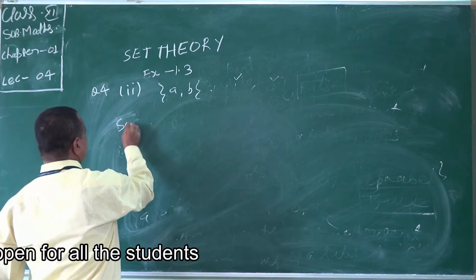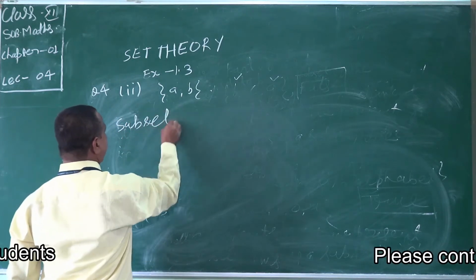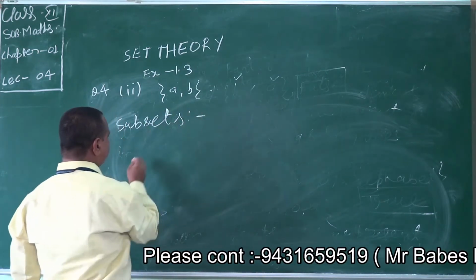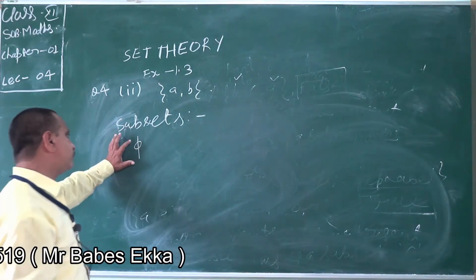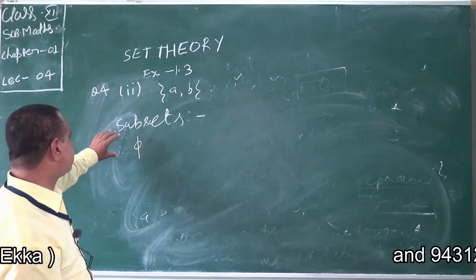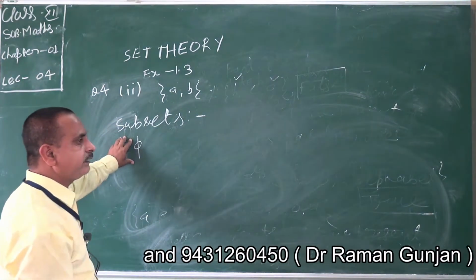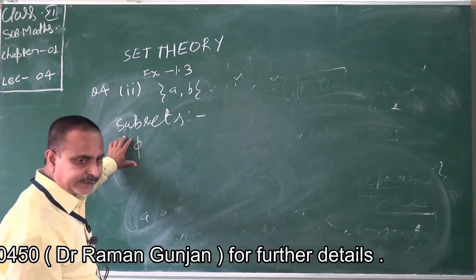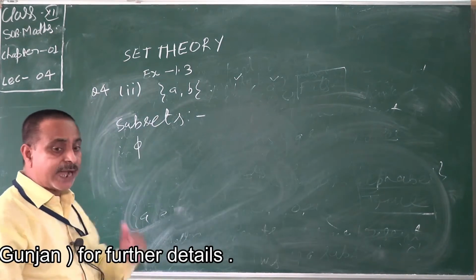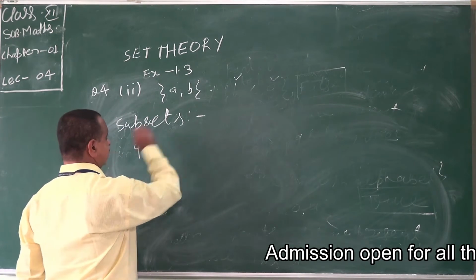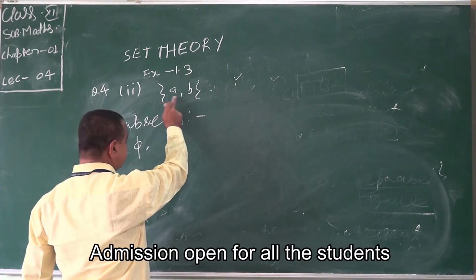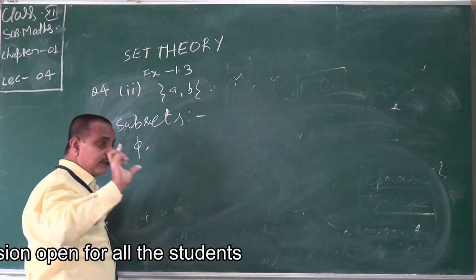We write the subsets. How many subsets form? So first we write this symbol. You know the name of this symbol. The name of this symbol is phi, and it is used for the empty set or null set. So the phi set is a subset of every set, and then we change them into singleton sets.